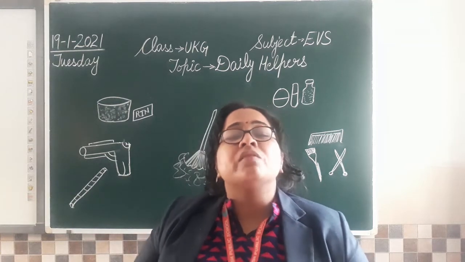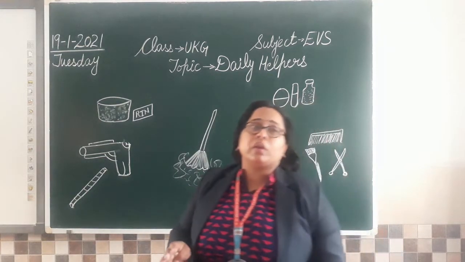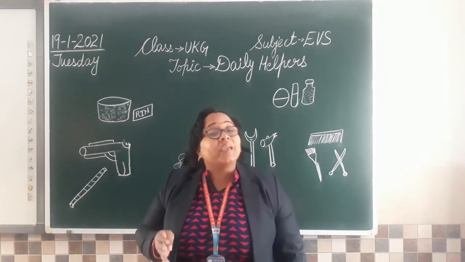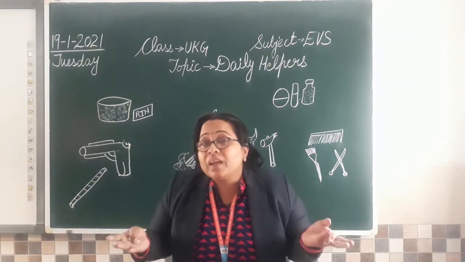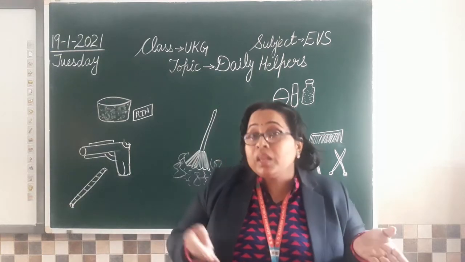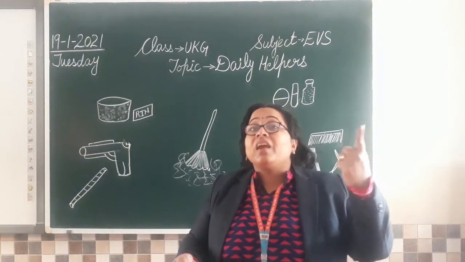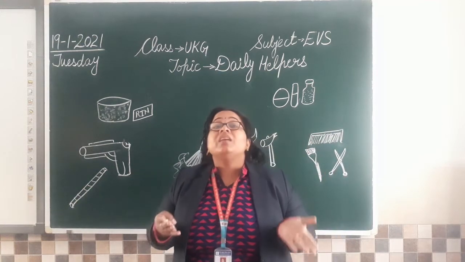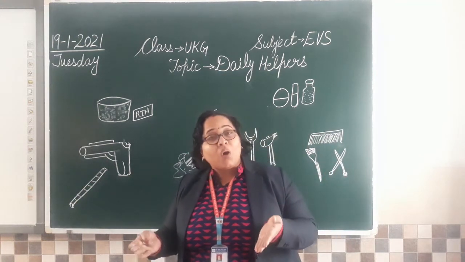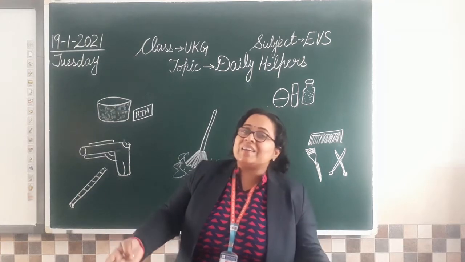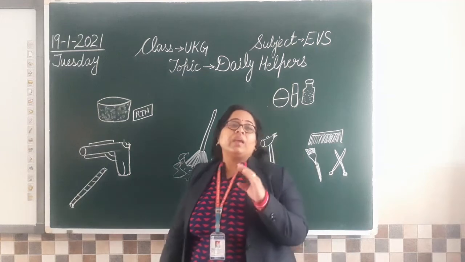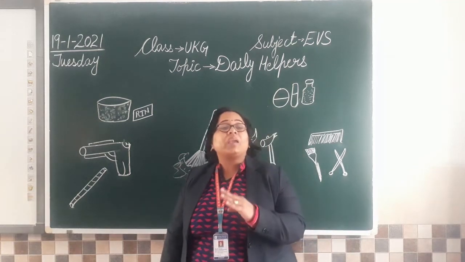You remember there is a very beautiful poem in your Hindi. धोबी आया कपड़े लाया, कितने कपड़े लाया गिन लो जी, 1 2 3 4 5 6 7 8 9 10 बस. You remember that? तो वो जो धोबी अंकल है या जो आंटी है उनको हम क्या कहते हैं?